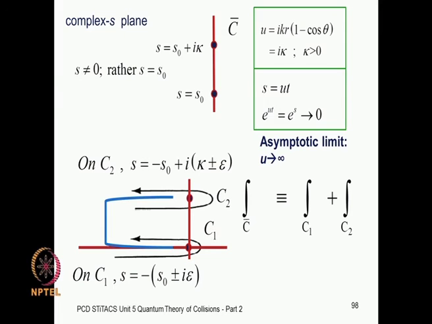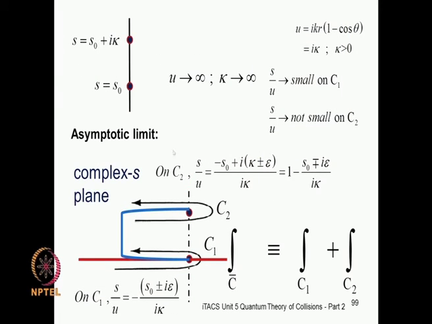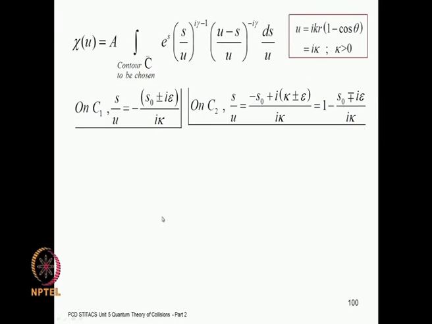So this is the choice of the contours, and the corresponding values of s over u will be the value of s divided by the value of u, which is i kappa. u is equal to i kappa, as we know, right. So s over u will be simply the value of s. On C1 it will be s0 plus or minus i epsilon divided by i kappa, and on C2 you will have to add that i kappa, right.